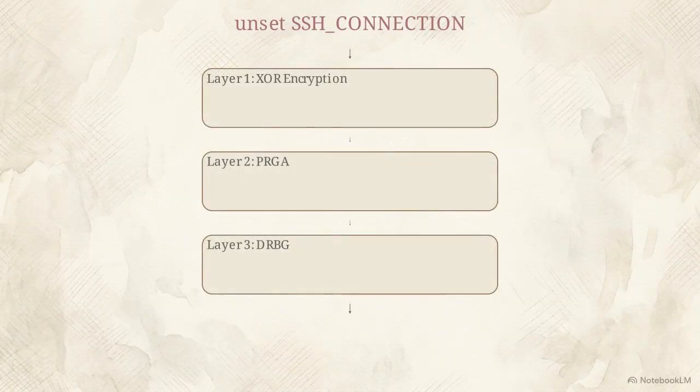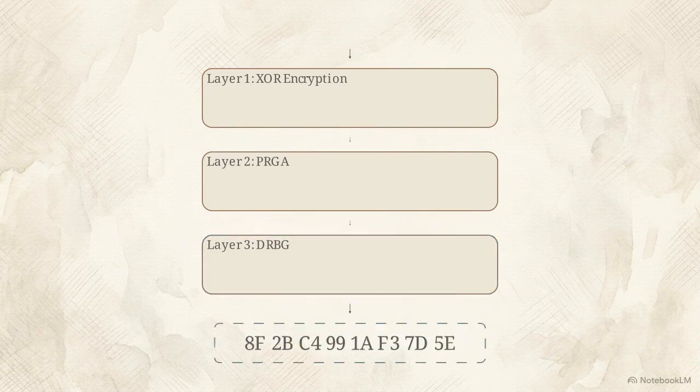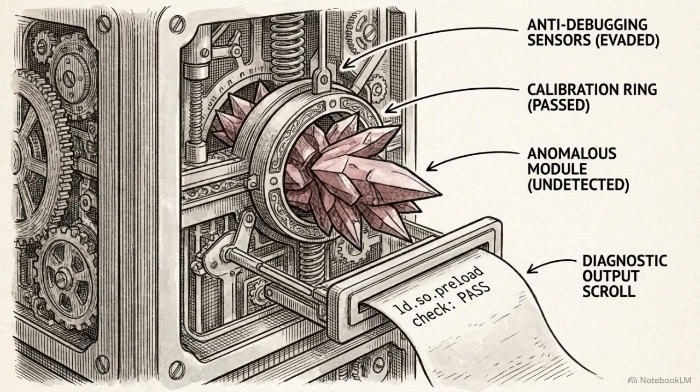Plague relies on multi-layered string obfuscation to defeat static analysis. The outermost layer uses simple XOR encryption. The second layer employs custom pseudo-random routines designed to hide memory offsets. The final layer uses a deterministic random bit generator to scramble the underlying sensitive strings. The malware also includes anti-debugging mechanics, checking for LD_PRELOAD manipulation and verifying its own file name to dodge sandboxes.